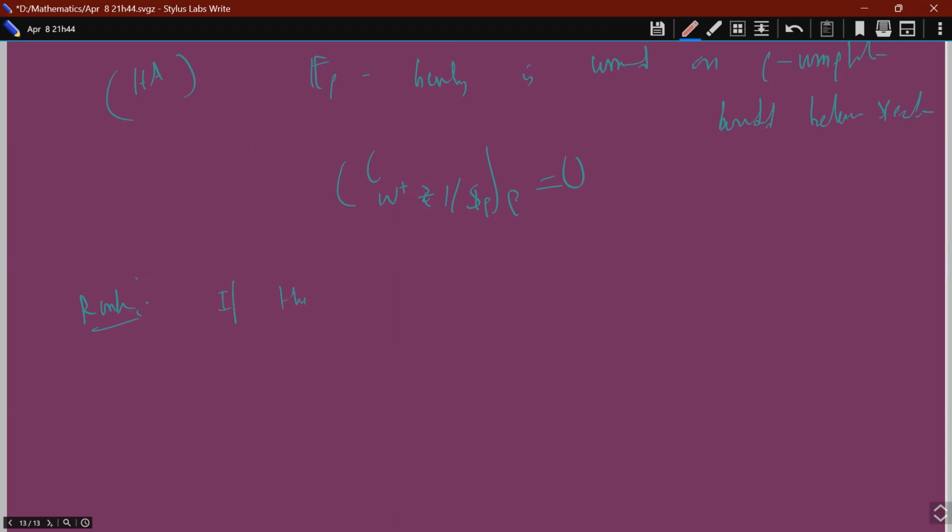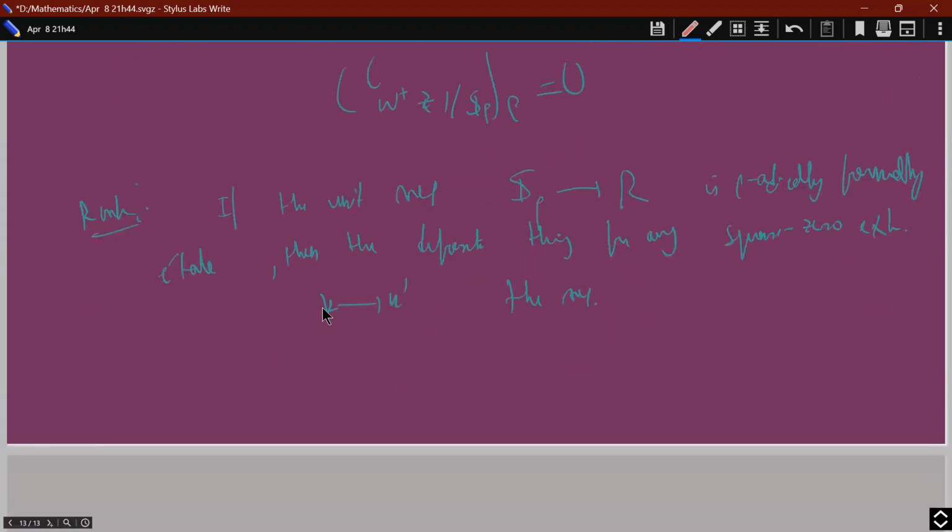So if the unit map R is formally étale, the deformation for any square zero extension, say, we call this from K to K', the following map is an equivalence.